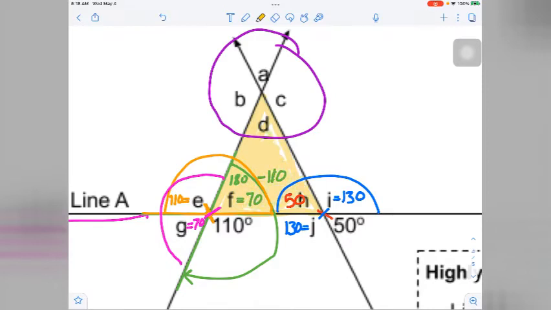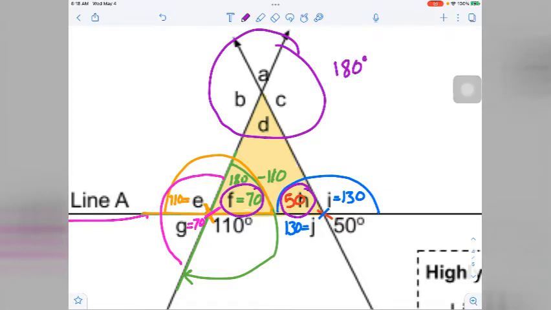And one thing we know about triangles is that all of the angles in a triangle total 180 degrees. And so if I already have two angles here, I know that one corner is 50 degrees and one corner is 70 degrees. This one just has to be the rest.